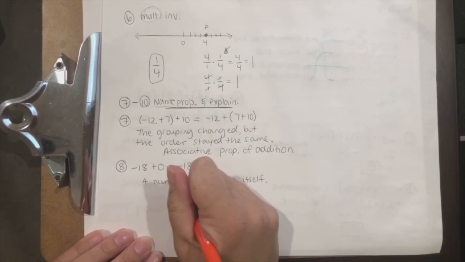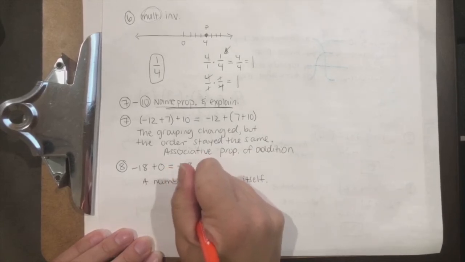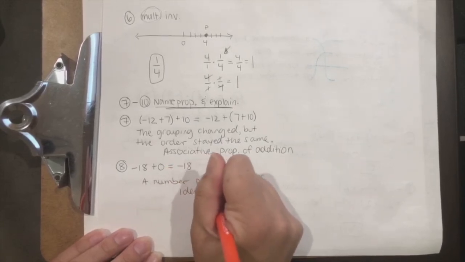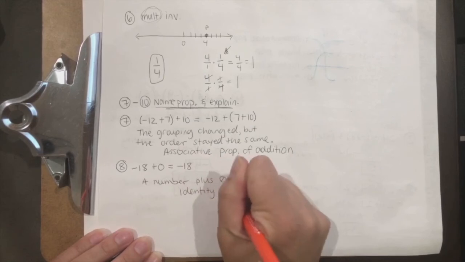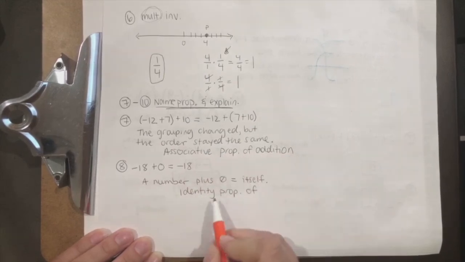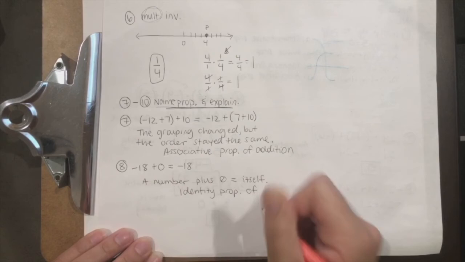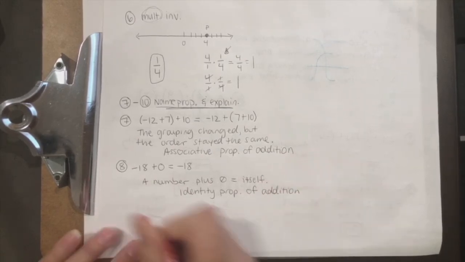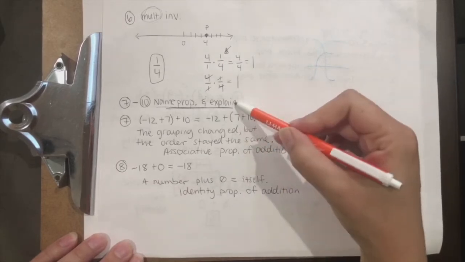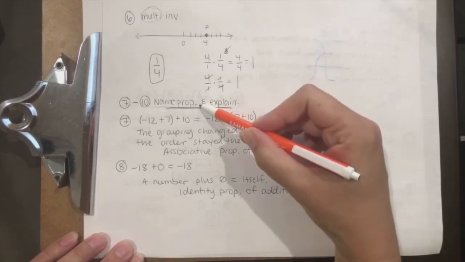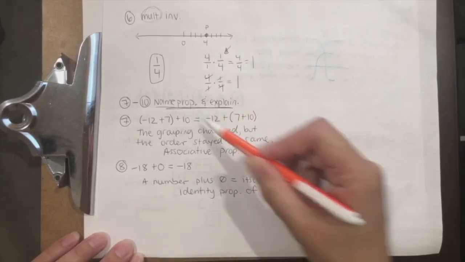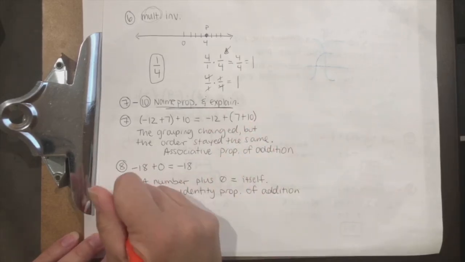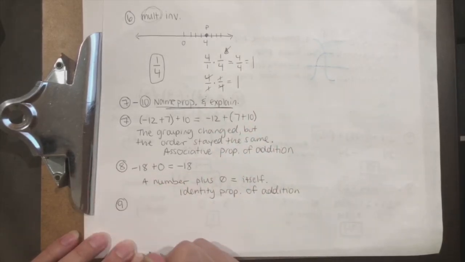So that is identity. Property of, and since we're adding, it's going to be addition. So that's the explanation and naming the property. I'm kind of doing it in the reverse order of what it says, but that's okay. That's what makes more sense to me.